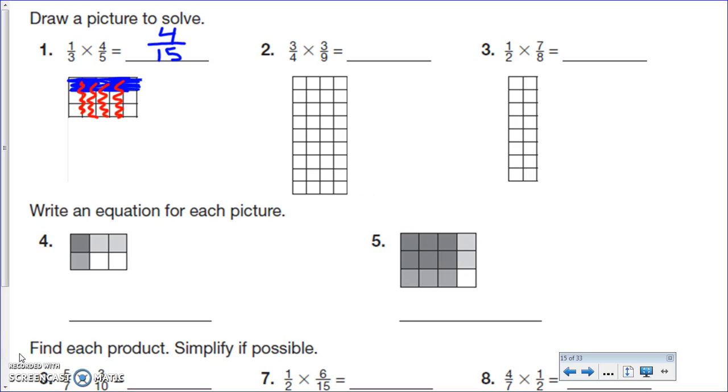For 2, we have 3/4 times 3/9. So the first thing we're going to do is shade in 3 of our 4 columns. Next, we have 3/9, so we're going to shade in 3 of our 9 rows.